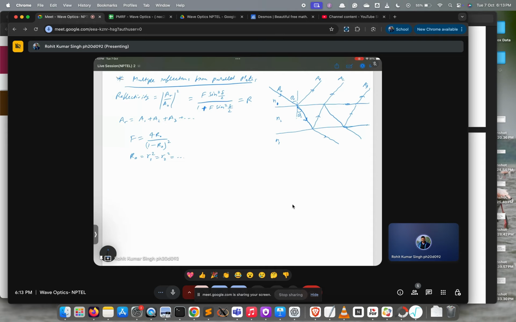So R1 is A1 by A naught, R2 is A2 by A naught. These are called reflection coefficients, and for now we will assume their squares are very similar.